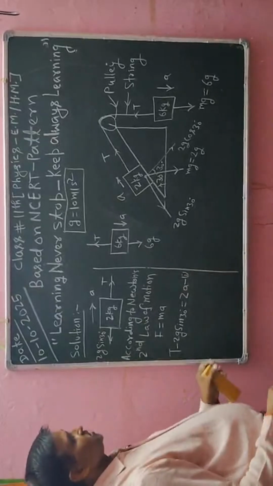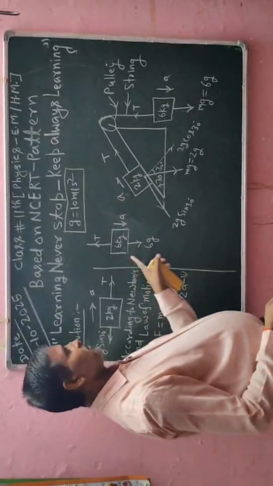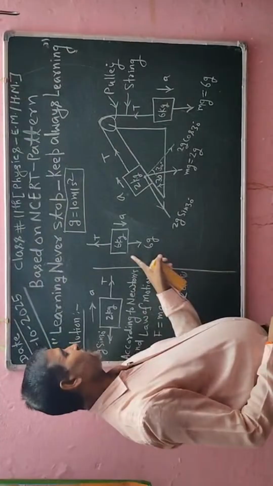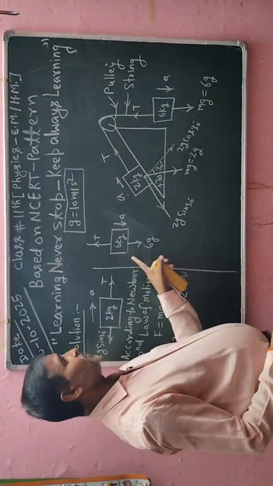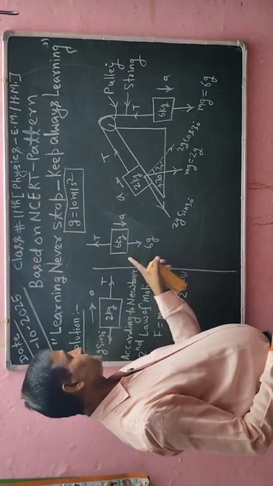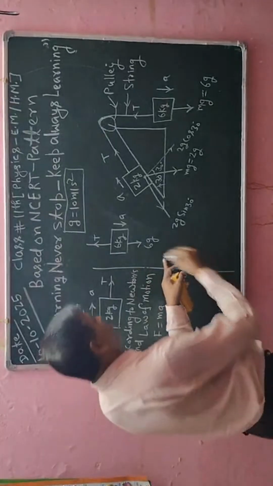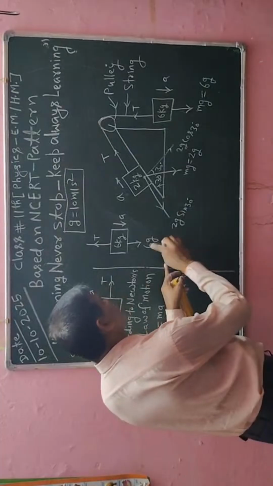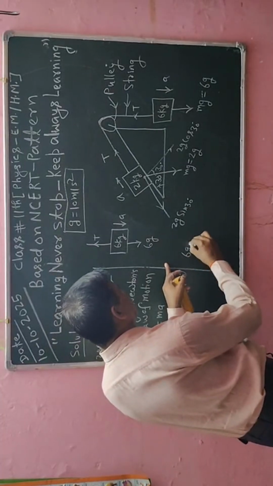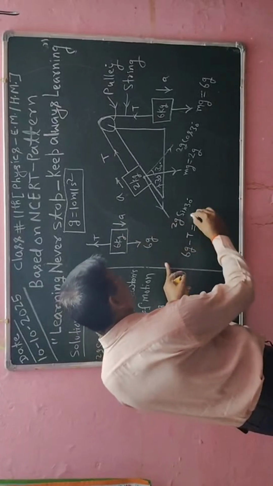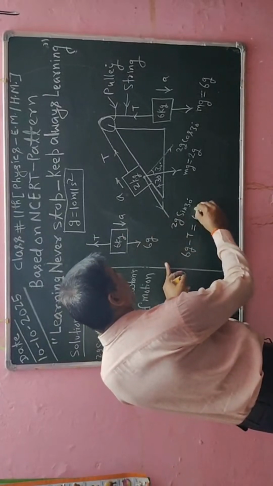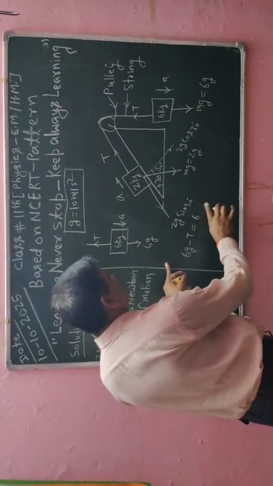Okay students, similarly I will apply Newton's second law of motion in this figure, and also find its equation. After applying, this force 6g is greater than T, minus ma. In the place of m we have to write 6, and the acceleration is a.